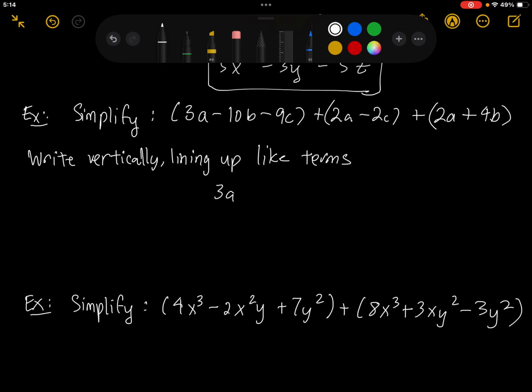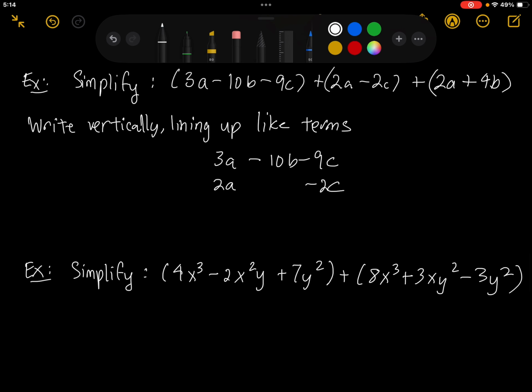So it's 3a minus 10b minus 9c, and then I have a 2a and a minus 2c, and I'm going to put the minus 2c below the minus 9c so that I have a column for the a, a column for the b, and a column for the c. It might be easier to write it as 2a plus 0b, because that's really what I have, just to have something in that entry. And then the last term is 2a plus 4b plus 0c.